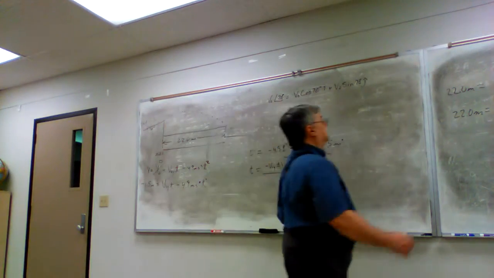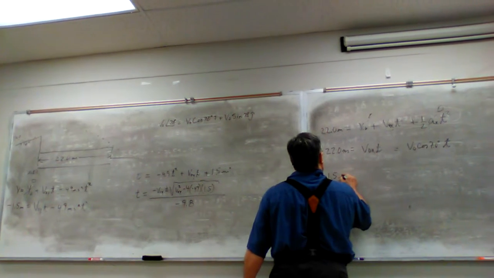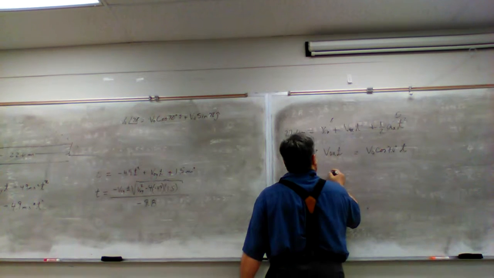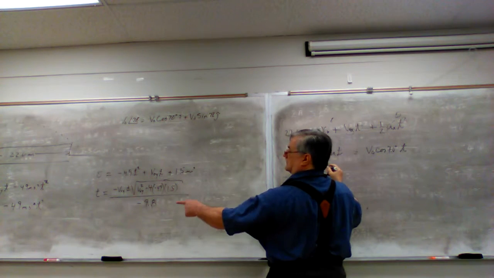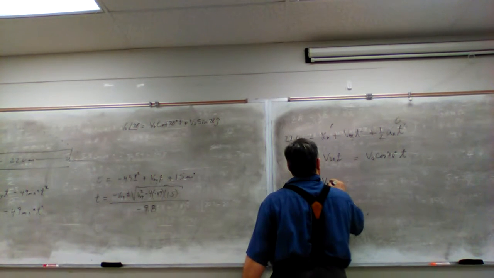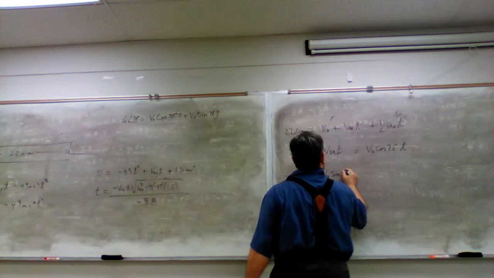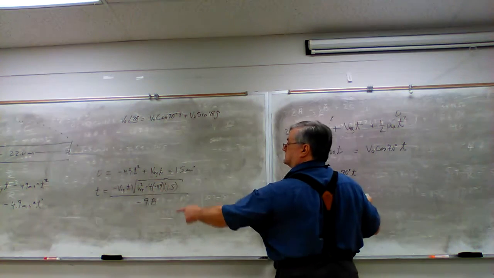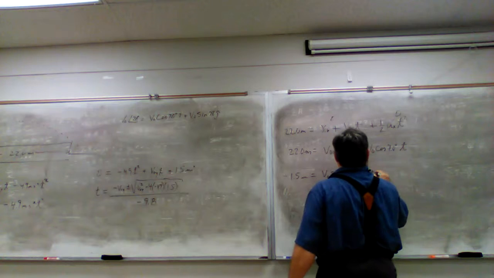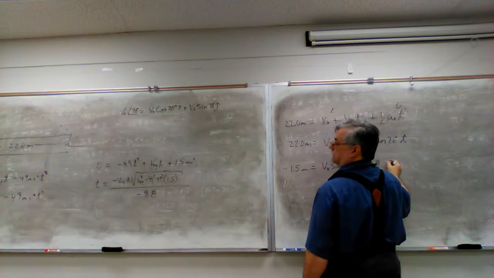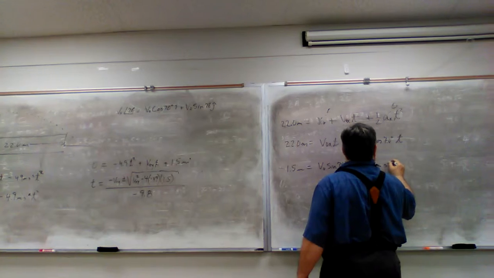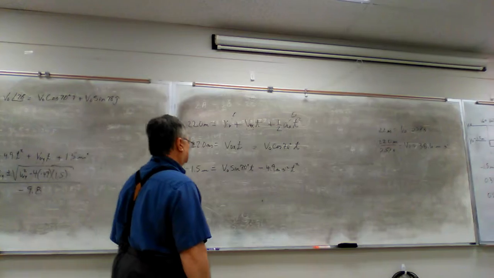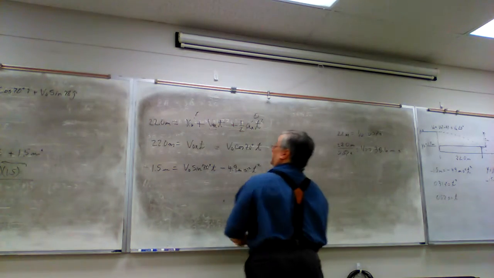Minus 1.5 meters is equal to v sub naught y, which is v sub naught times the sine of 7 degrees times t minus 4.9 meters per second squared times t squared. Now let me straighten this up.